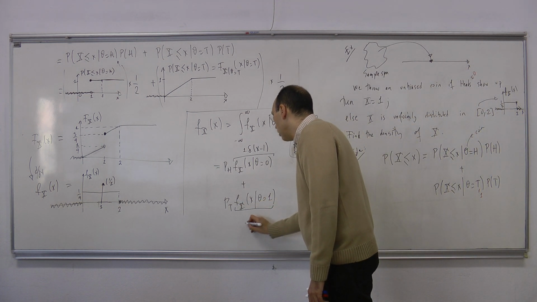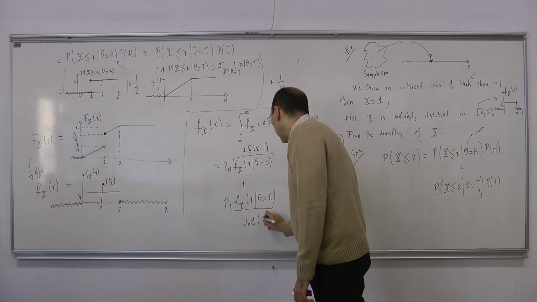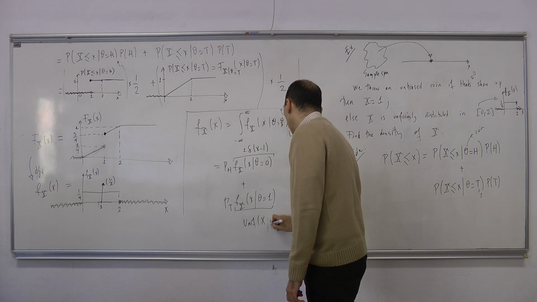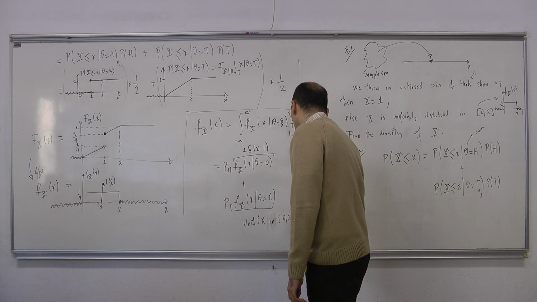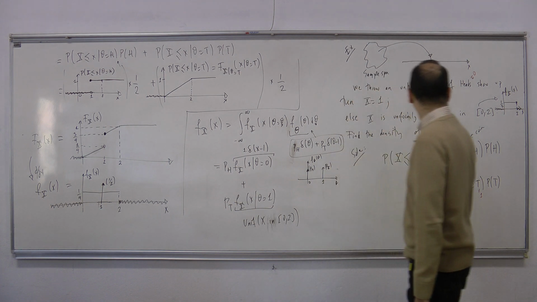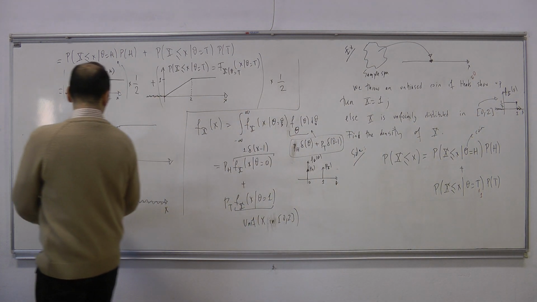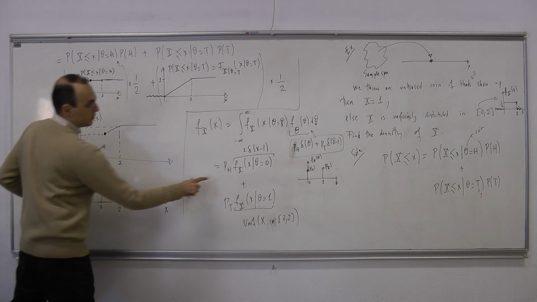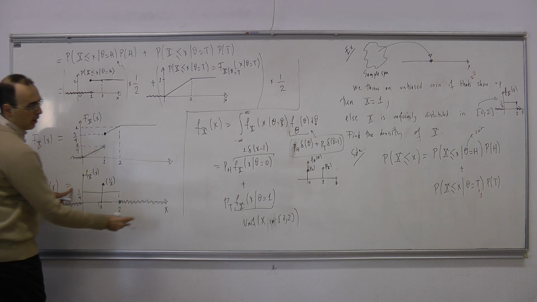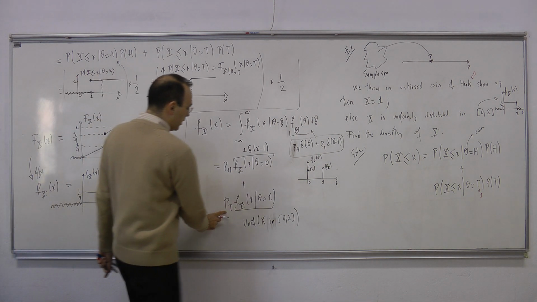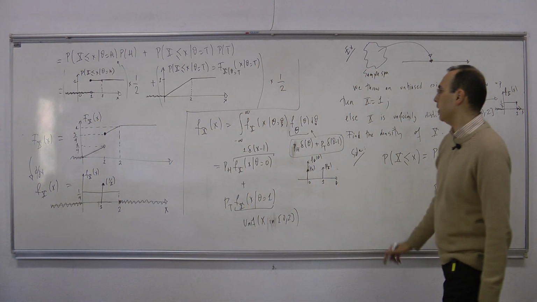This is a uniform distribution of x, let's say in 0 to 2. So, an impulse at 1 times 1/2, because probability of heads is 1/2, plus the uniform density times, again, 1/2, the probability of tails. This is the final result.